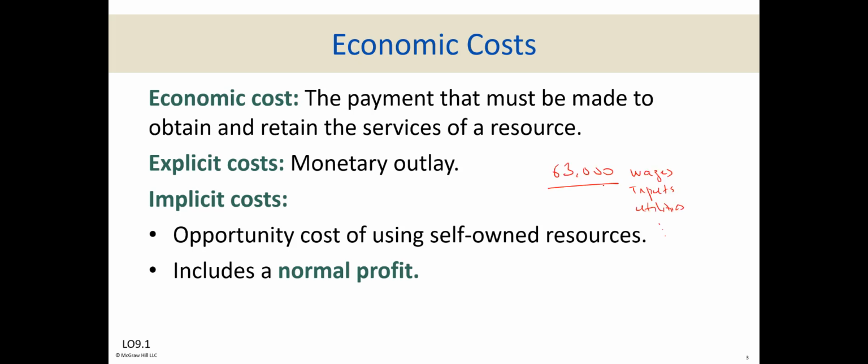Let's do one example to understand how explicit and implicit costs differ. For example, let's say you are producing t-shirts and the explicit cost is $63,000. This cost includes the cost of t-shirts, employee wages, and utilities. And let's say implicit cost is $33,000, which represents what you could have earned.